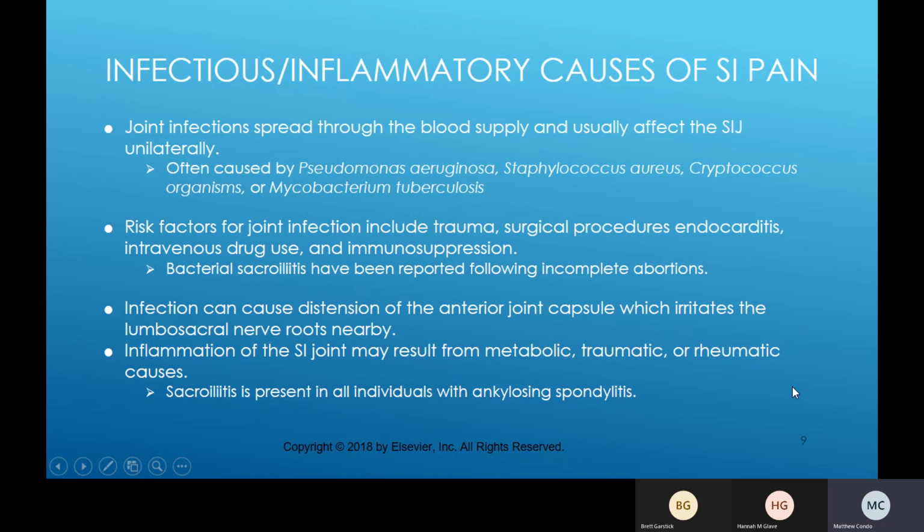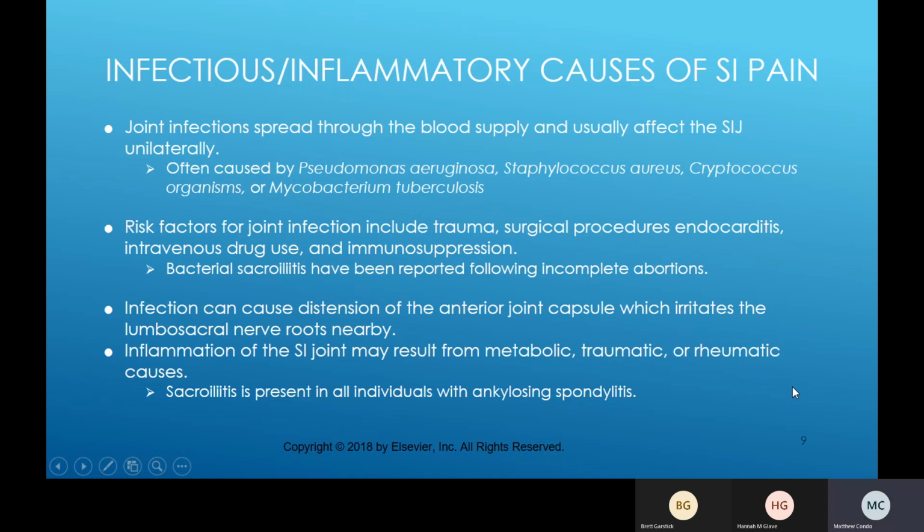The thing to watch out for here is ankylosing spondylitis. Okay, remember we talked about that in the lumbar section. Think back to that modified New York criteria. If I have alternating buttock pain, that's not normal, right?